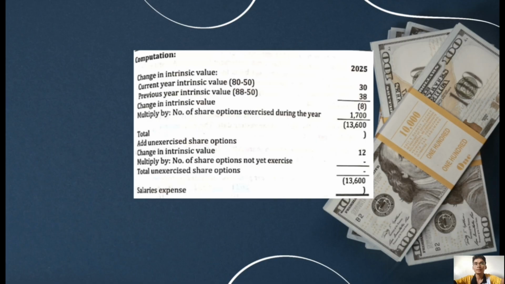As for the effect on unexercised share options, the number of unexercised options is 0, so the total impact is also 0. Since there are no unexercised options, no additional salary expense is recorded. For the final salary expense for 2025, the total is negative 13,600. The negative value means the company recognized a gain of 13,600, reducing expenses.